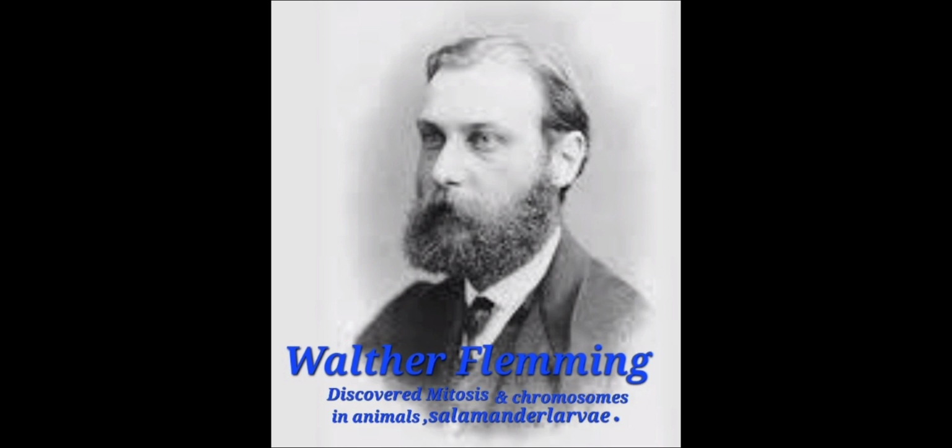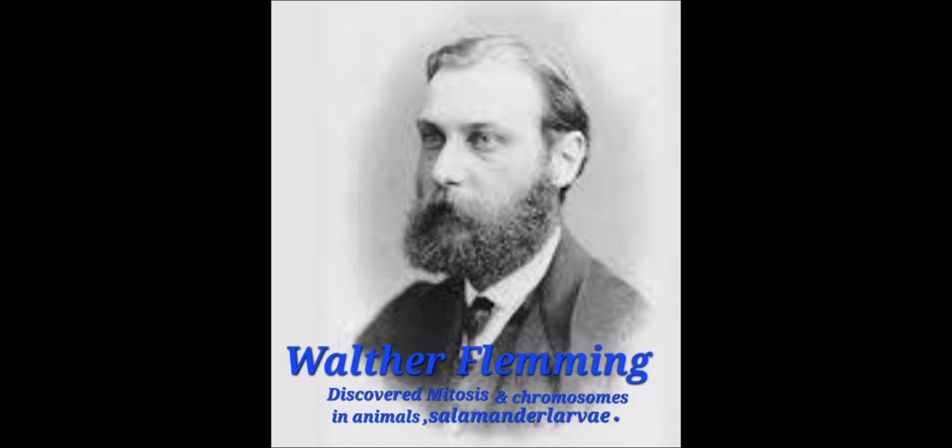In animals, this was observed for the first time by Walter Fleming, particularly in the larvae of the salamander, which is an amphibian. Walter Fleming had also studied the chromosomes for the first time in the year 1882.